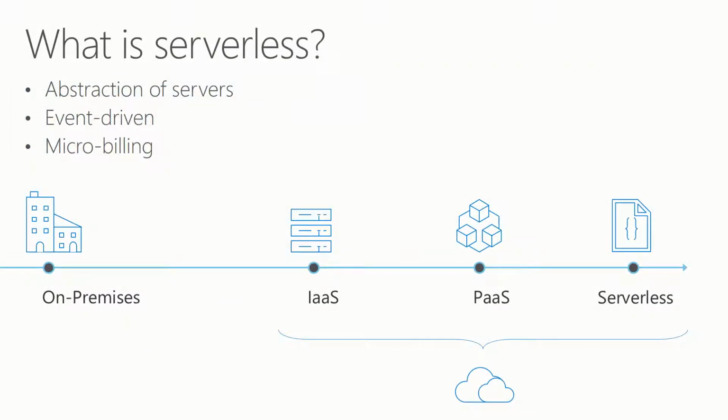So serverless is basically a new trend in compute that is kind of the abstraction of servers, in that if you want to run some code, but you don't want to deal with spinning up a VM and maintaining it and everything that goes along with that, we're now providing you environments where you basically just upload your code, hit run, and you're good to go.